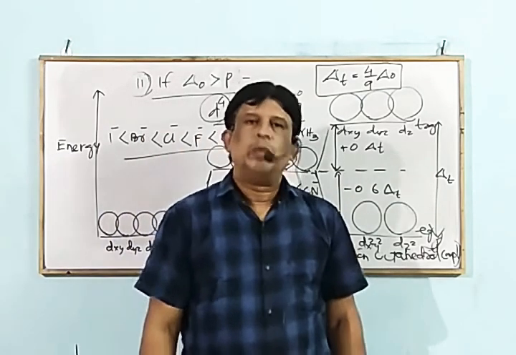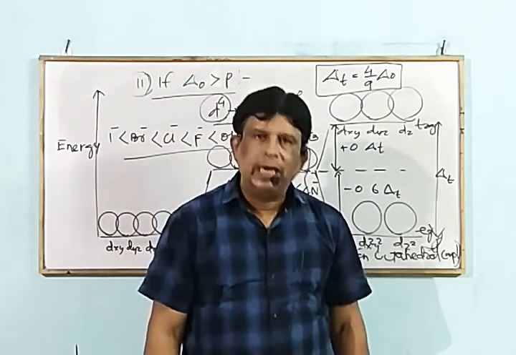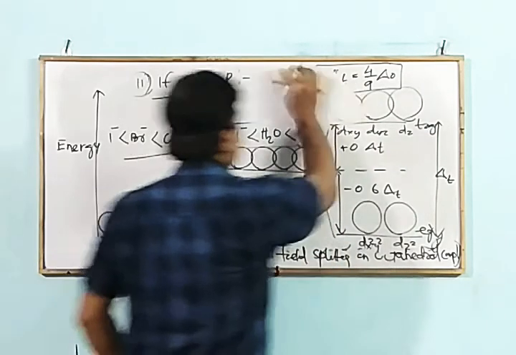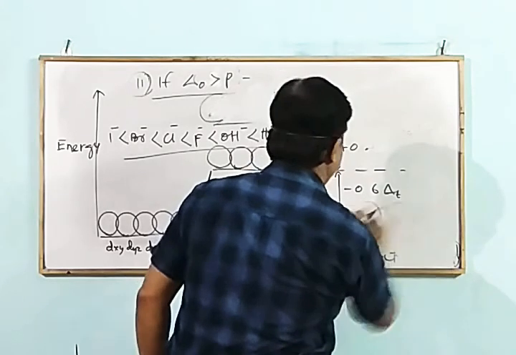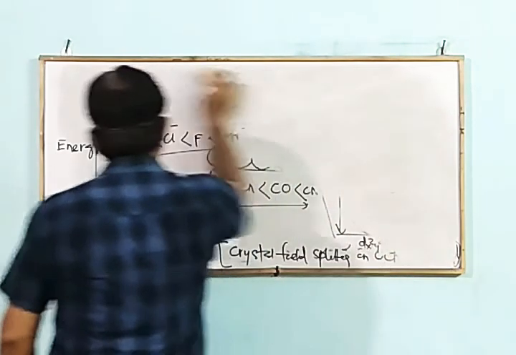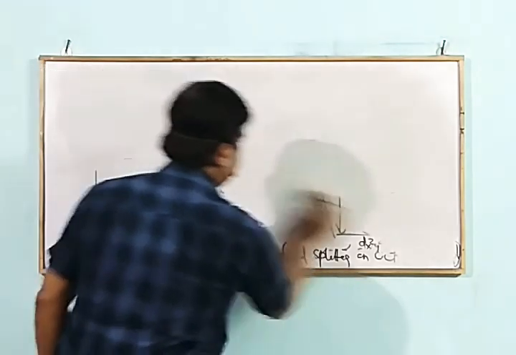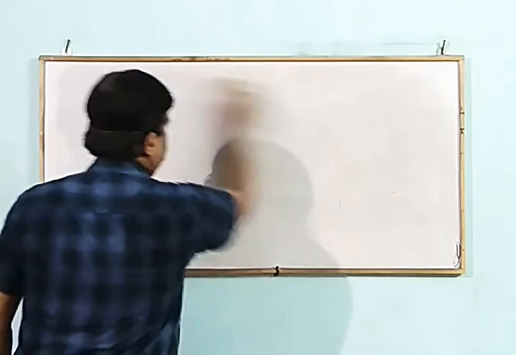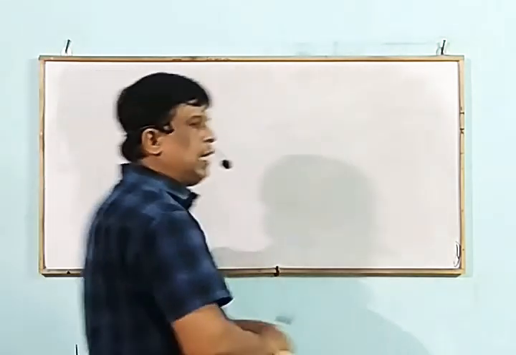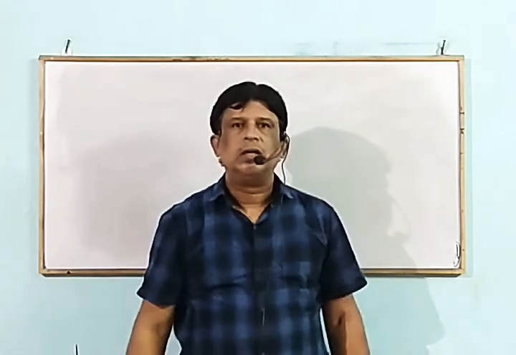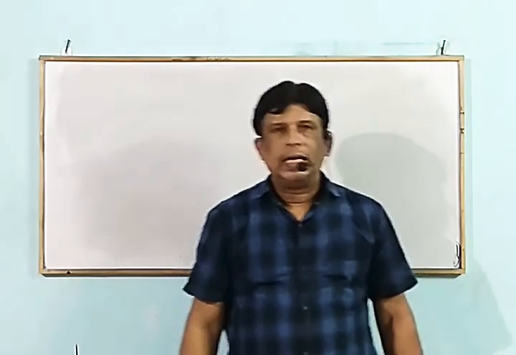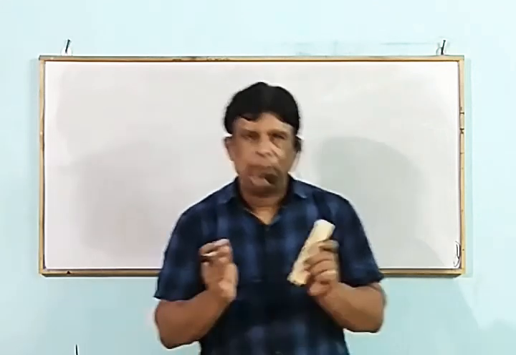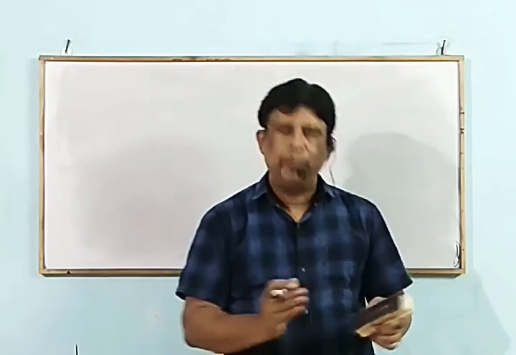Then lastly, we discuss the magnetic character of a complex. If there is a presence of unpaired electrons, it is paramagnetic in nature, and it is decided by the parameter known as the magnetic moment, mu.